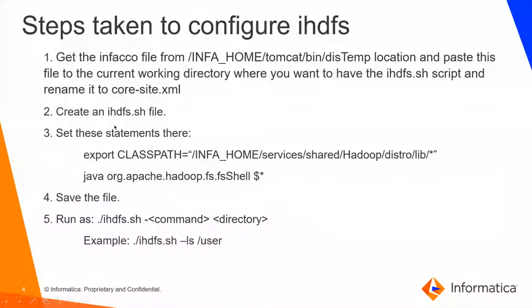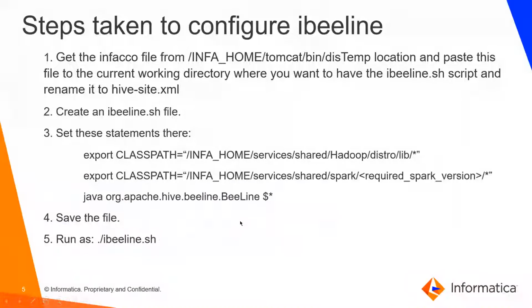Then we need to create the isdfs.sh file, and in that file we need to paste these two lines. The first one being the infra-home services shared Hadoop and the distribution that we are going to use, and then lib. After saving this file, we can run the command as isdfs.sh, then hyphen command, and then the directory.